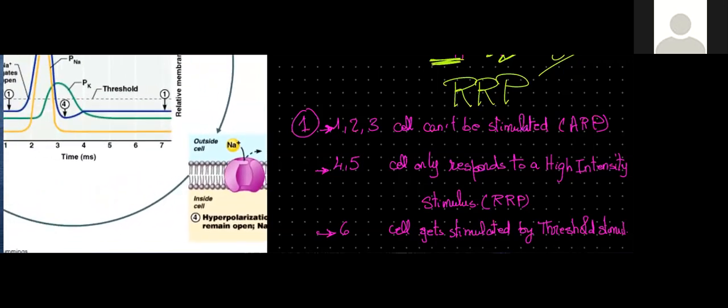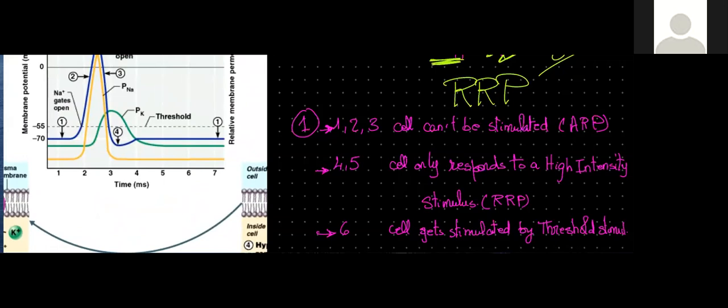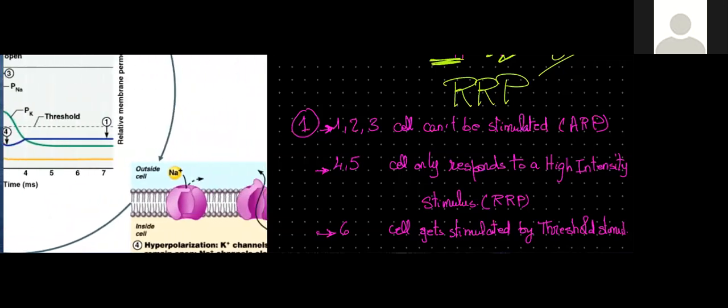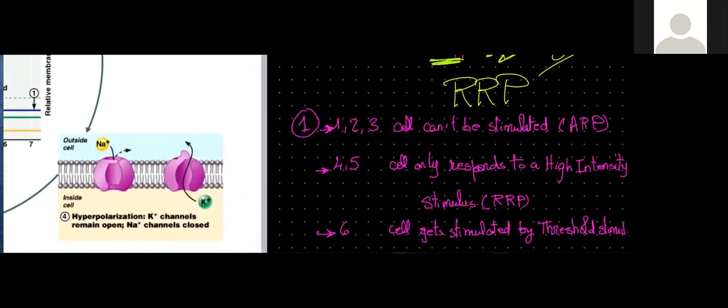After I return back to my resting membrane potential, -70 millivolts, the potassium channels will not close. They will still be leaking some potassium outside of the cell, making the inside even more negatively charged than the resting membrane potential. This is what we call the hyperpolarization.